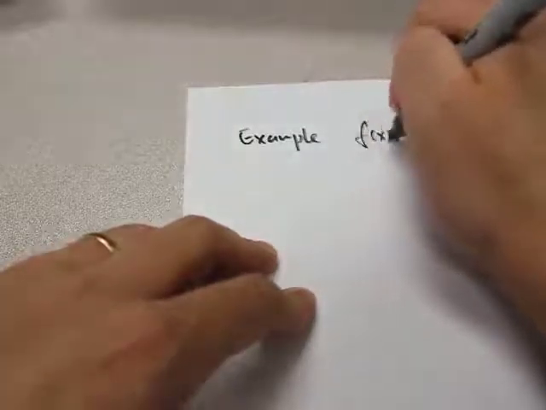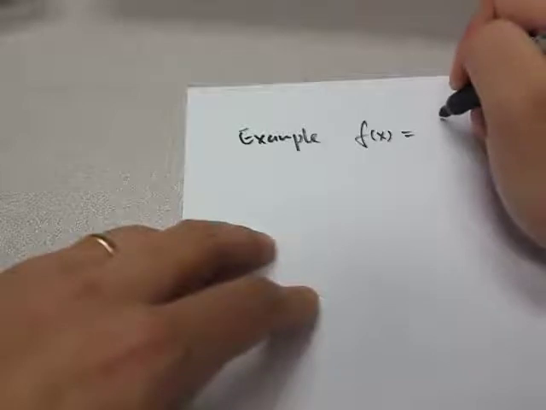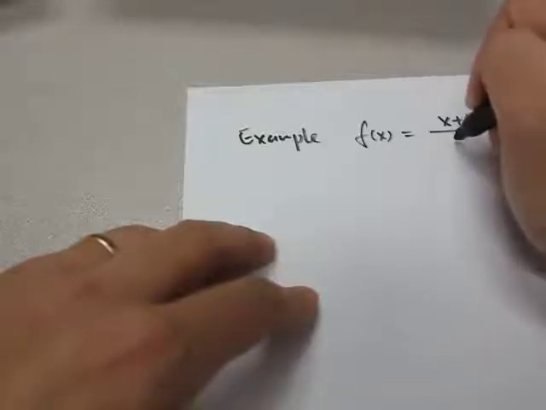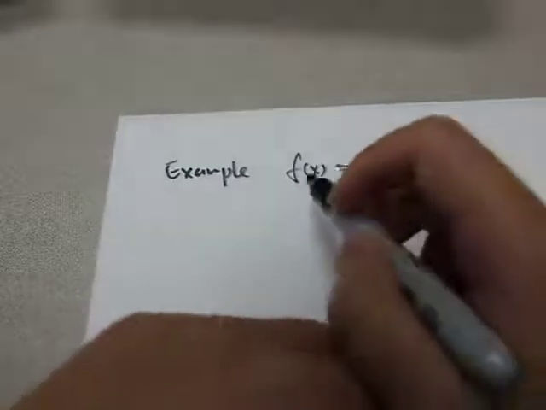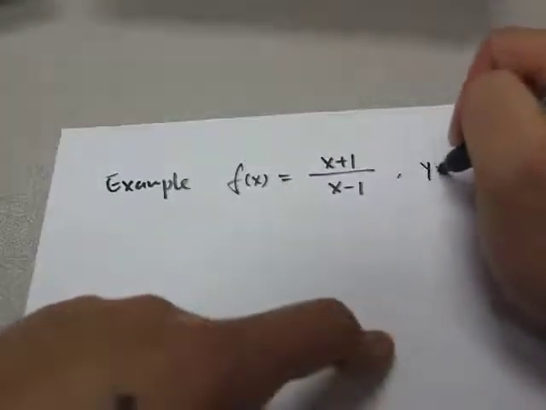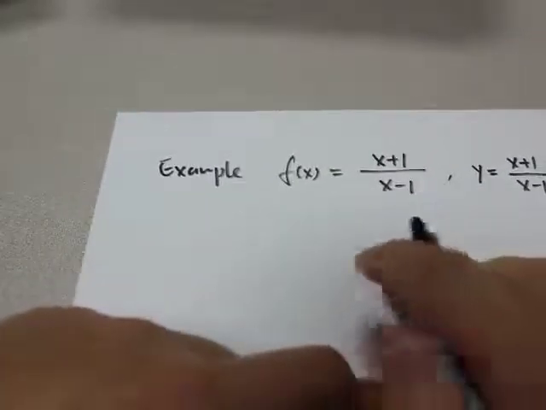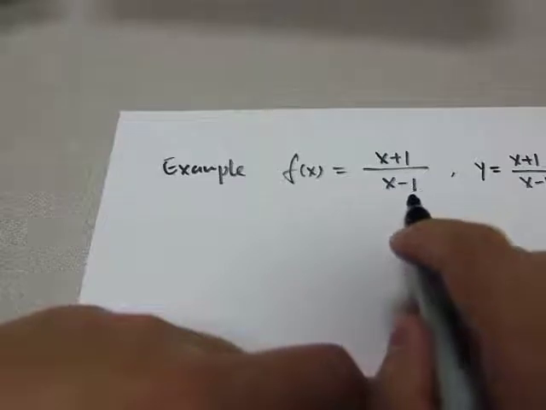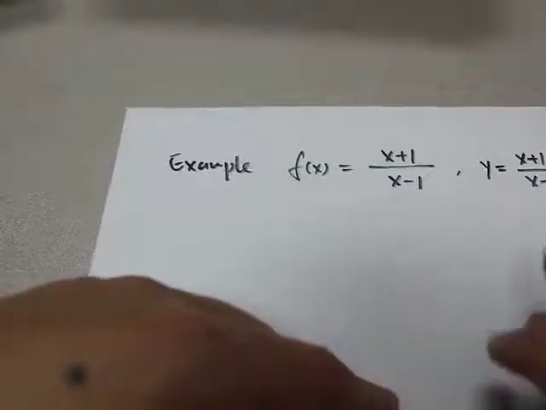So using this method, let's take a look at another example. Now the function is defined by this equation y equals x plus 1 over x minus 1. And now we think about which numbers we cannot put in the domain.